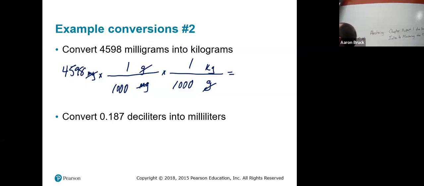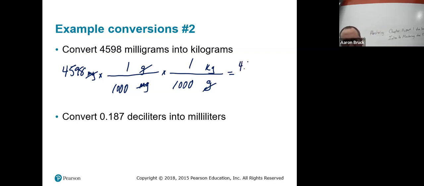So in this particular conversion, I'm going to have to divide by 1,000 twice over. And so if you're sliding the decimal, you would slide it a total of 6 times to the left, 3 for the first, 3 for the second. If you're using your calculator, you just hit divide by 1,000 and you do it twice. 4598, divide by 1,000, divide by 1,000 again.